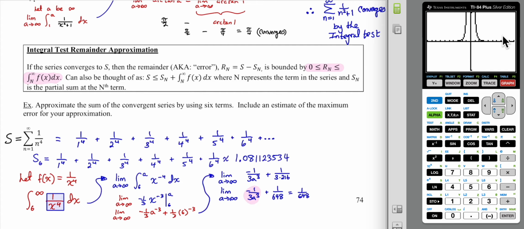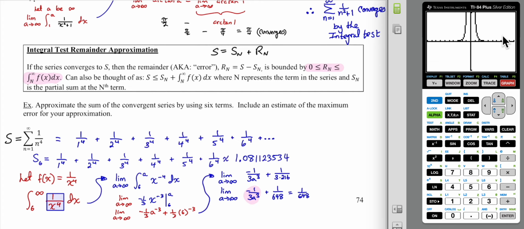So think of S as the sum of the first n terms, the first n partial sums of the series expansion, plus some leftover stuff. What we did was we figured out that S sub 6 was 1.08 blah blah blah.